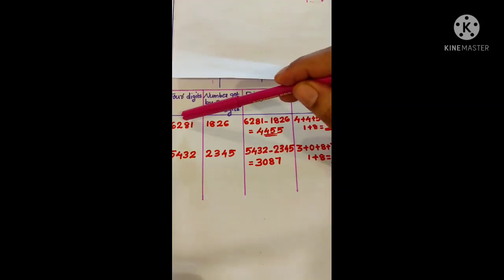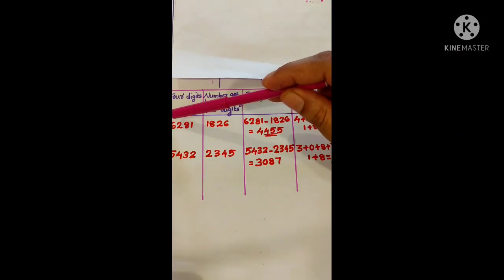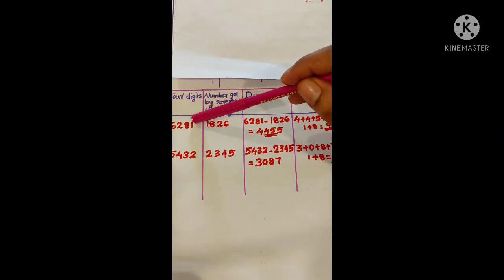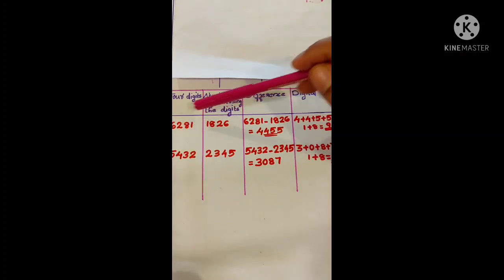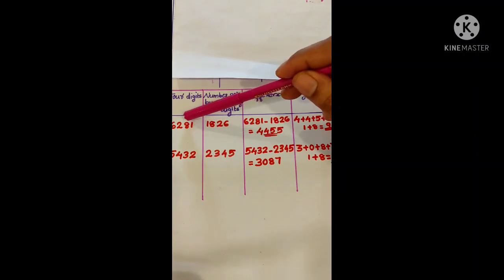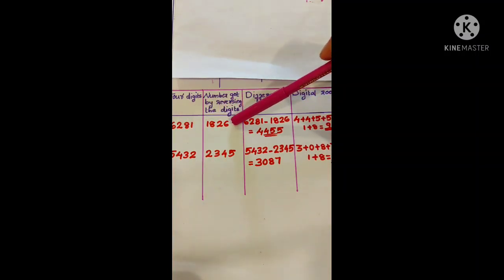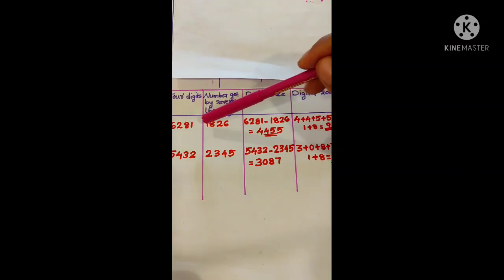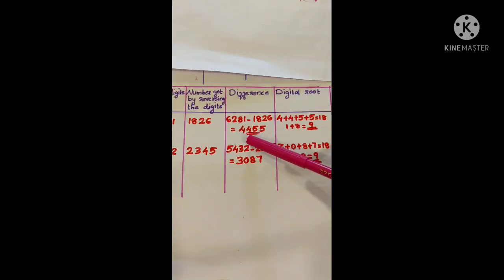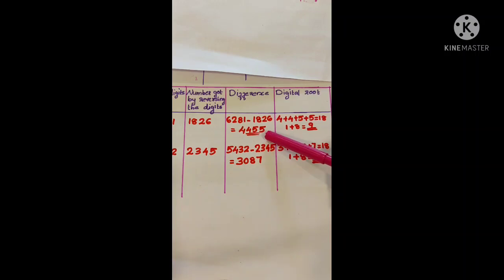Now I take the 4-digit number as 6,281. Then reversing the digits, we get the number as 1,826. By taking the difference of these two numbers, we get the answer as 4,455. We have to calculate the digital root of this number.